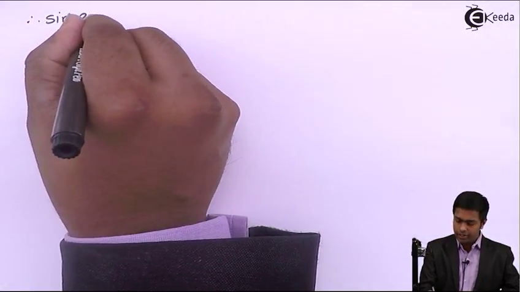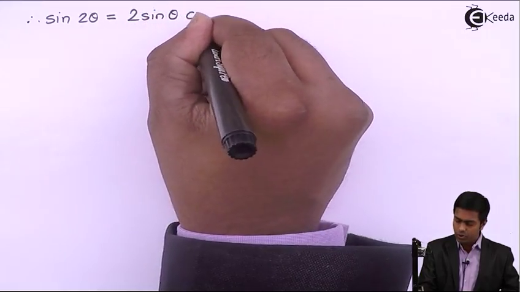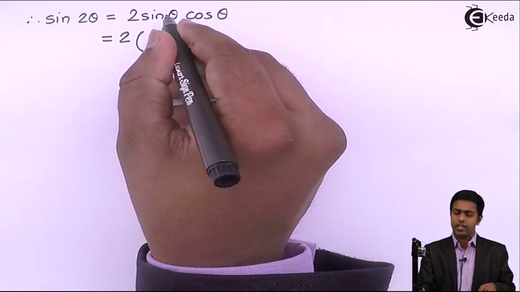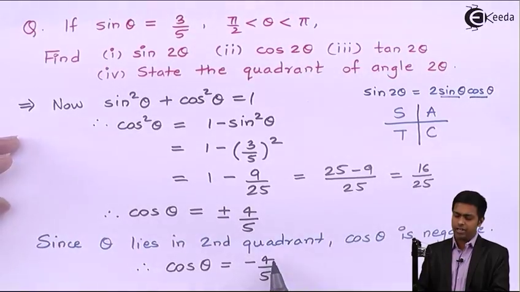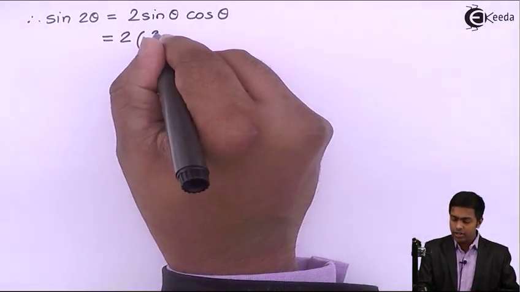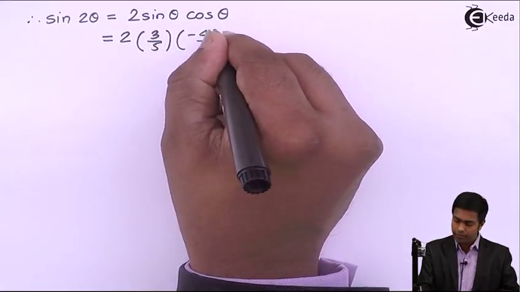Therefore sin of 2 theta is equal to 2 sin theta into cos of theta, which is equal to 2 times the value of sin theta and cos theta, which is 3 by 5 and minus 4 by 5 respectively. So here I will say 3 upon 5 and minus 4 upon 5.